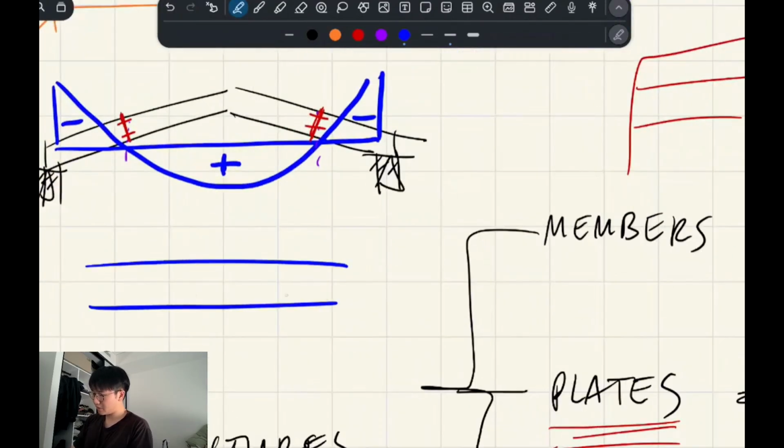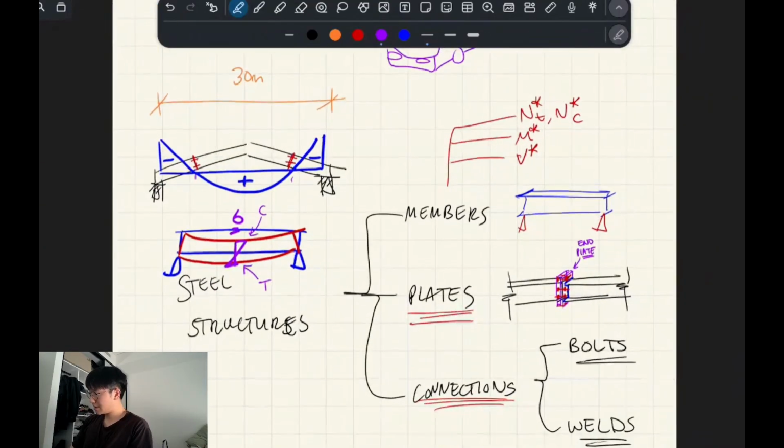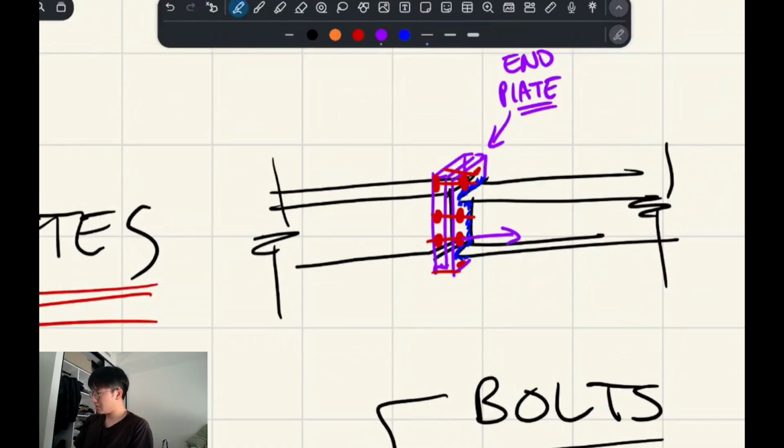Actually, let's go more simple. We've got a simply supported beam, and we know that it deflects like that due to downwards forces. The stress distribution looks like that. So these are axial forces, and at the top we've got compression, at the bottom we have tension. So let's just say that these bolts are being tensioned, and then these ones are being compressed.